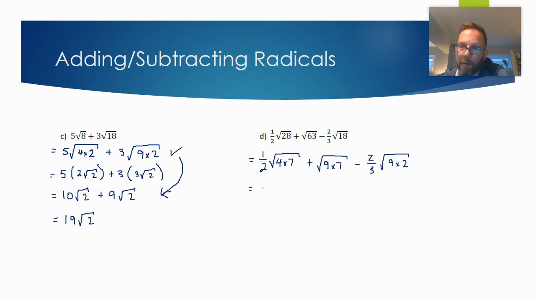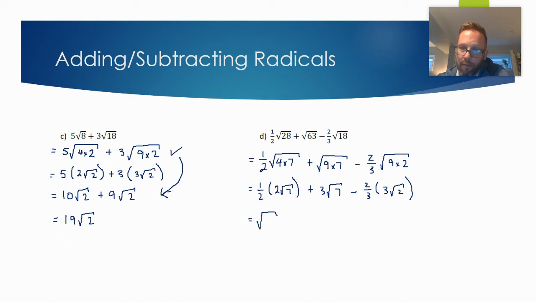So let's do some simplifying now. The root of 4 is 2. That's 2 root 7. The root of 9 is 3. That's 3 root 7. And the root of 9 is 3. So this last one gives us 3 root 2. So right away I can see that I'll have 2 like radicals I can add, but I'll have one that I can't. So let's see how this finishes off. Let's simplify a bit. A half times 2 is just 1.